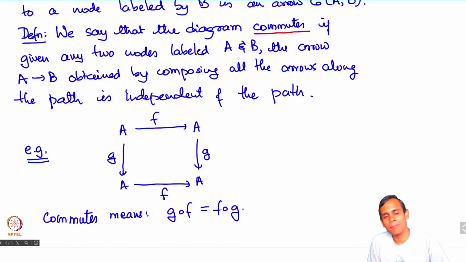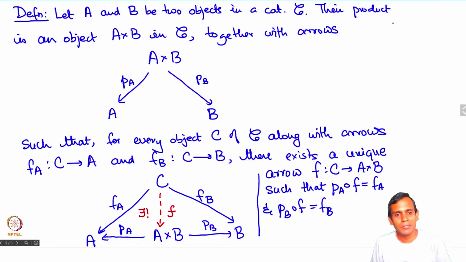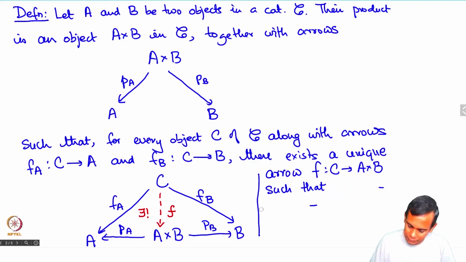And this gives you some intuition for why this is called commuting. But of course, it's a much more general phenomenon. So coming back to the definition of a product, I can try to rewrite it as: there exists a unique F from C to A cross B such that this diagram commutes.